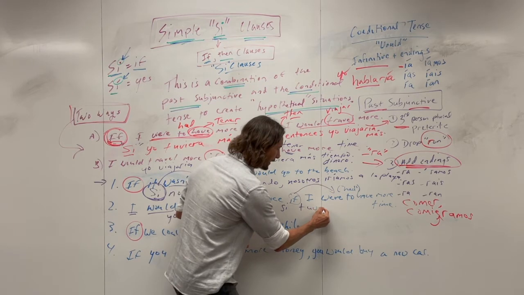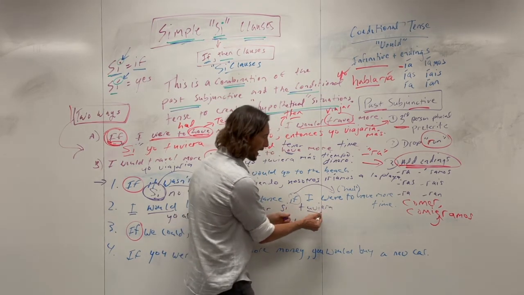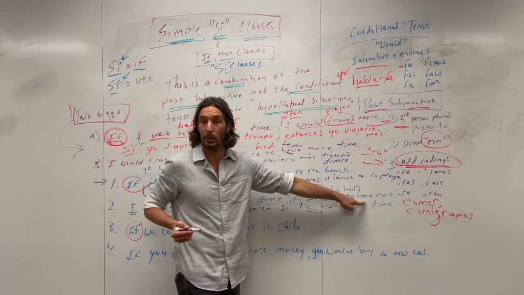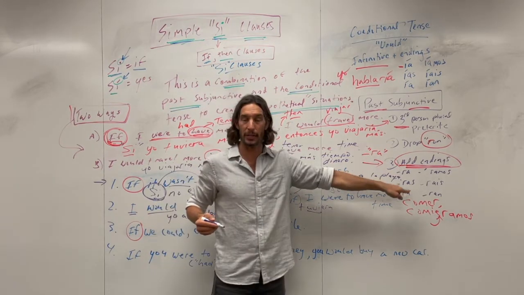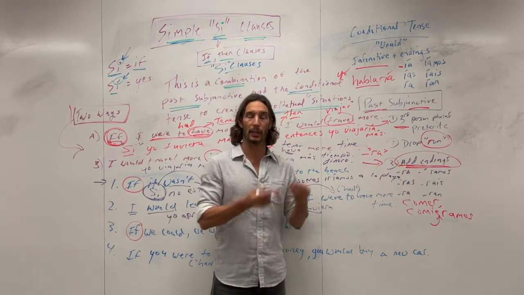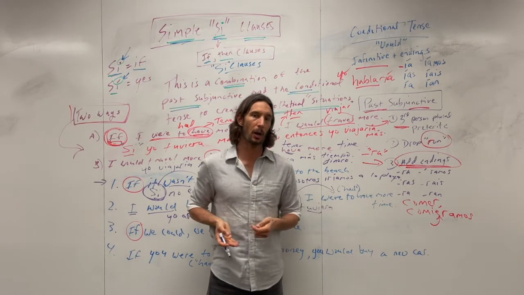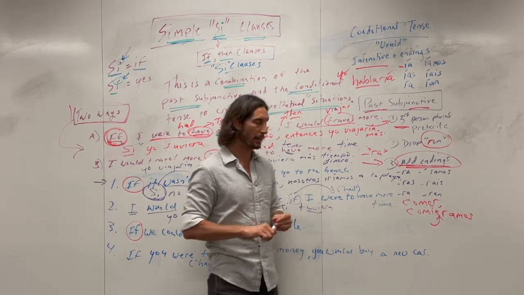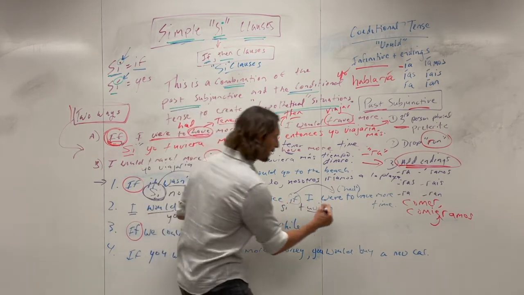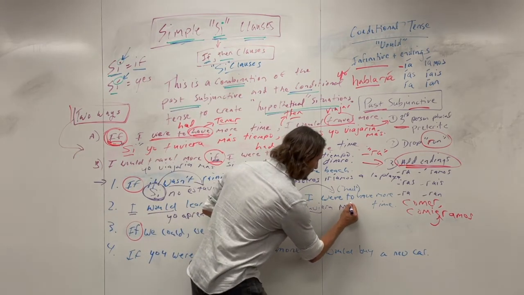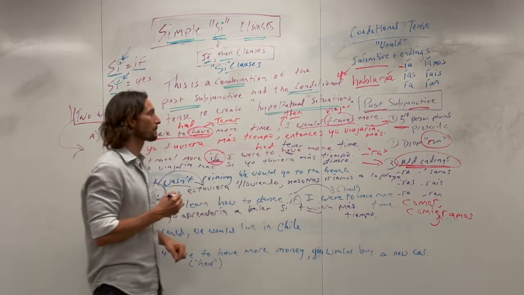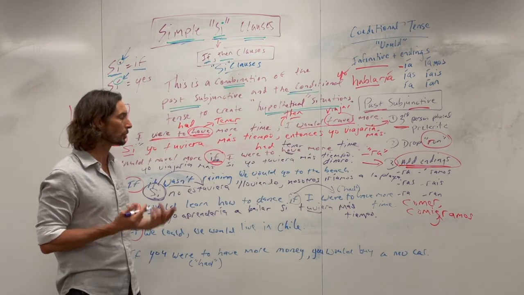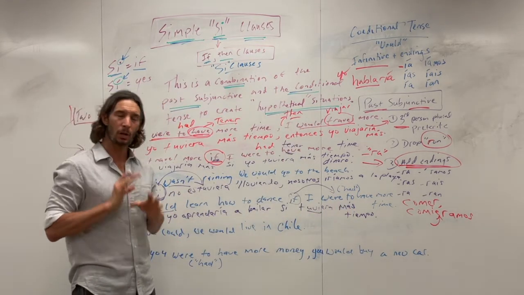Si tuviera, because we've got to use have in the past subjunctive, and that's tener. So the past subjunctive of it, follow your steps, is tuviera. You get tuvieron, drop the ron, add our appropriate ending. Si tuviera más tiempo, right? So si tuviera más tiempo.